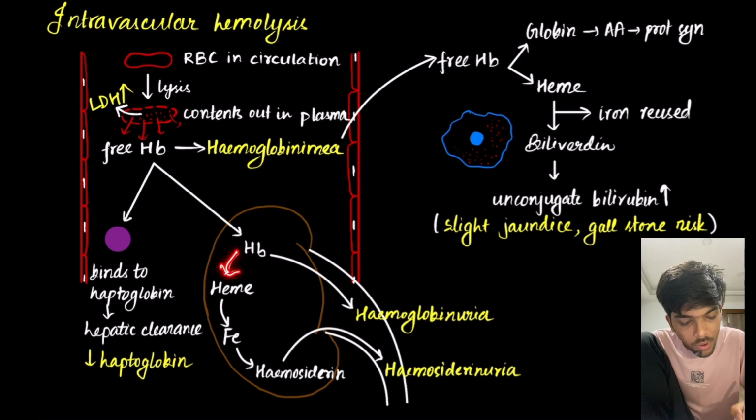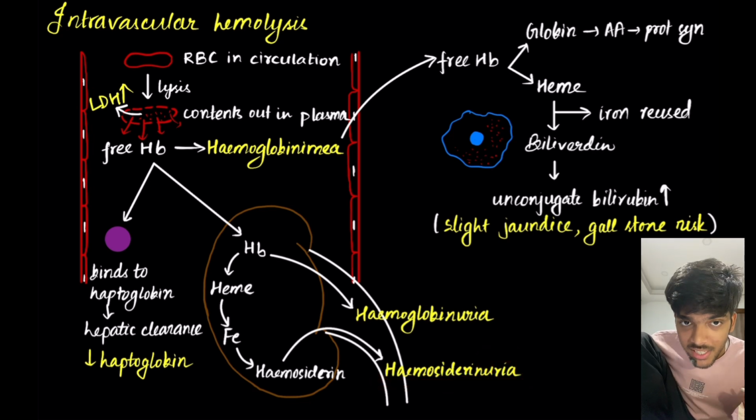Some of it gets broken down into iron. This iron is then stored in the kidney in the form of hemosiderin. This hemosiderin is then excreted out through urine. So urine containing hemosiderin is called hemosiderinuria.